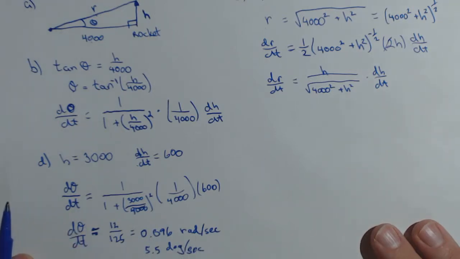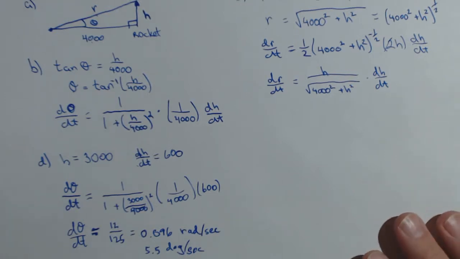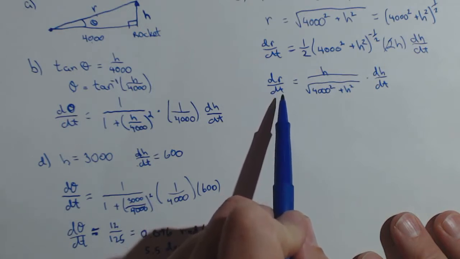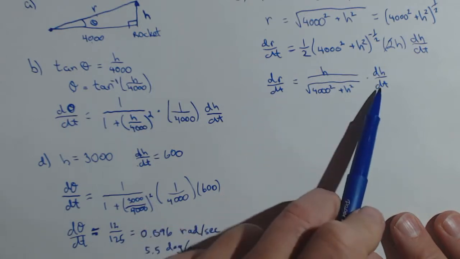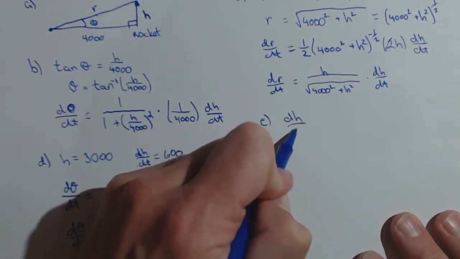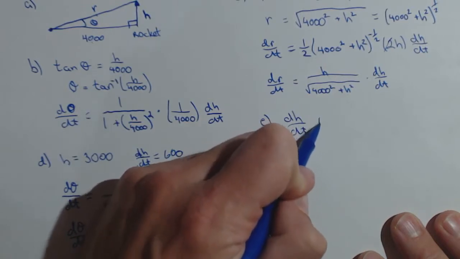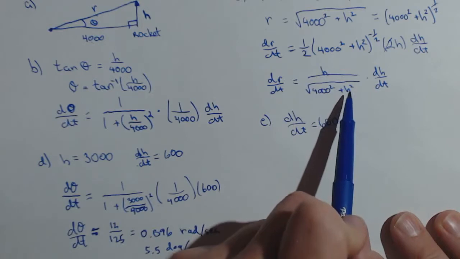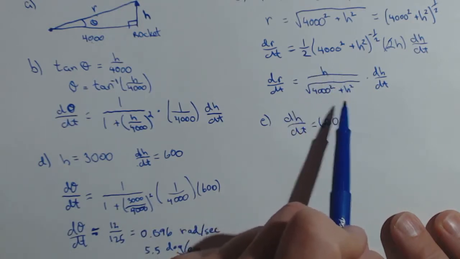Now, we also want to figure out how the distance is changing. This dr/dt is going to be changing at various heights. Again, we're going to assume that the rocket's going up at 600 feet per second, so dh/dt is still 600. Well, look at what happens. Because of the way the h's are, these are going to be pretty similar answers.